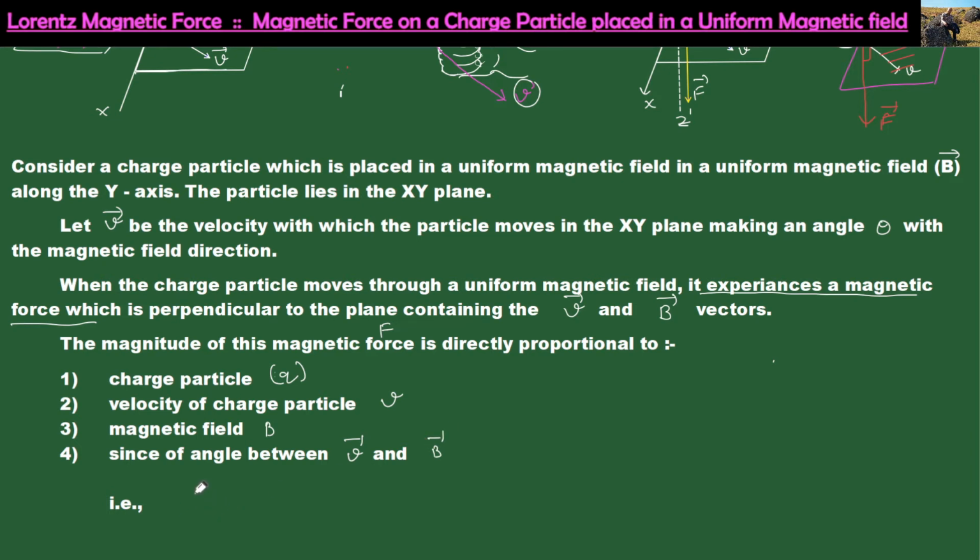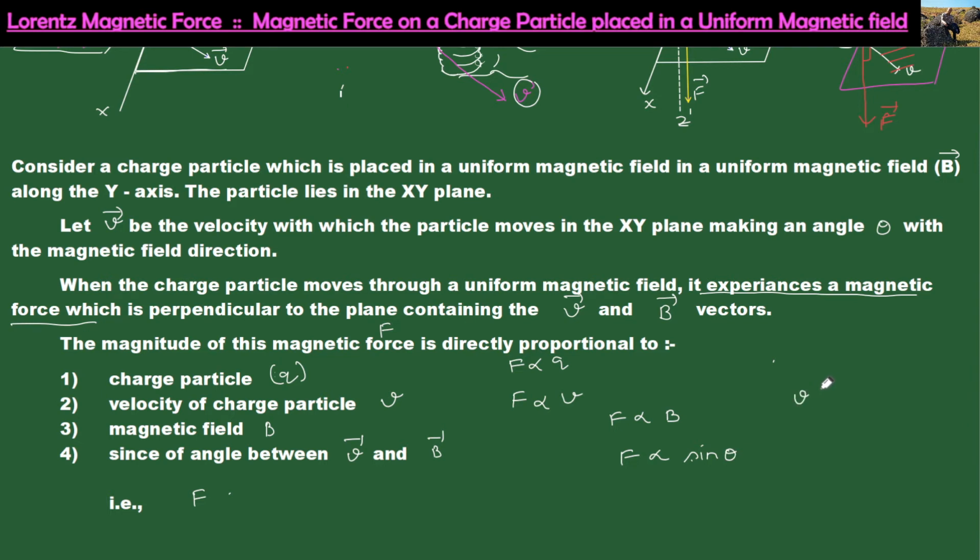So this magnetic force, F, is proportional to q from the first condition, F is proportional to v from the second condition, F is proportional to B from the third condition, and F is proportional to the sine of the angle between the two vectors.